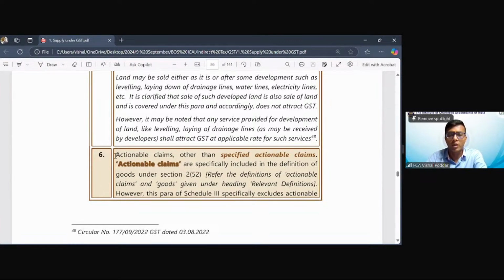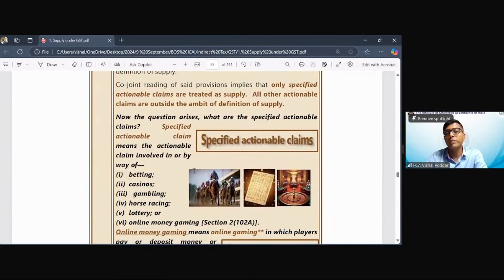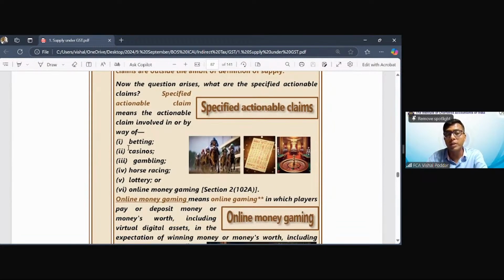It is saying what is outside supply? Actionable claims. Now we know actionable claims are goods, but supply of actionable claims is not leviable to GST because it is put in Schedule 3, except those actionable claims which are specified.